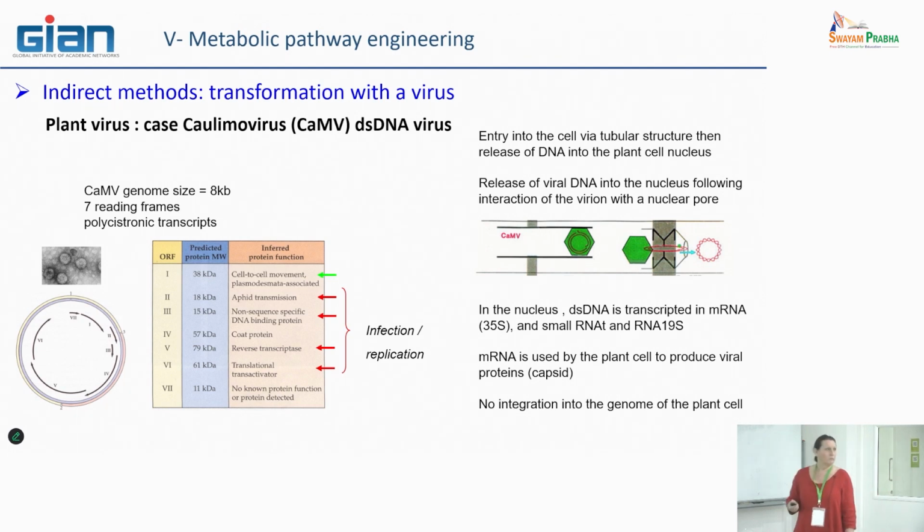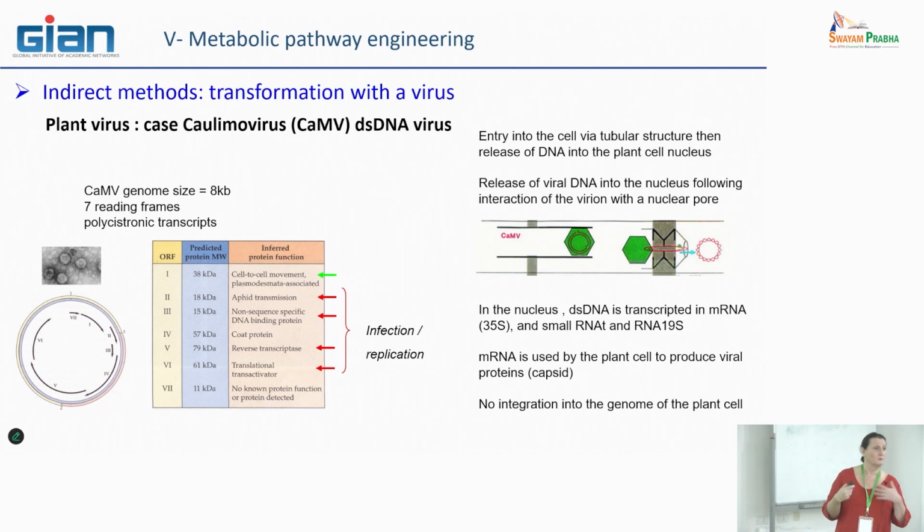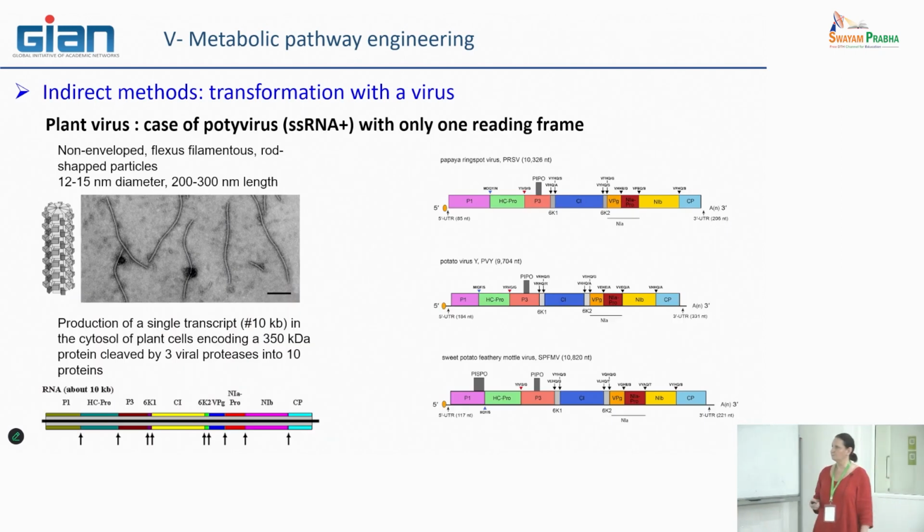But just for you, this virus has already been described, and here are all the 7 reading frames encoding different types of protein with different functions, okay? Movement through plasmodesmata to different cells, aphid transmission, for example, coat protein of the capsid, translational transactivator, and so on. So you can see that on my slide.